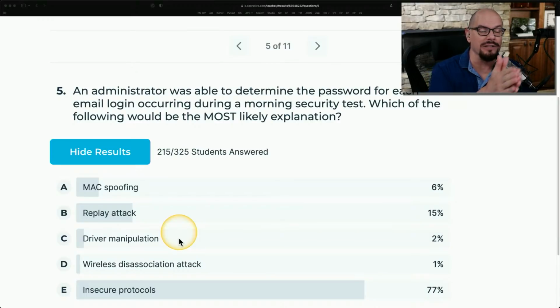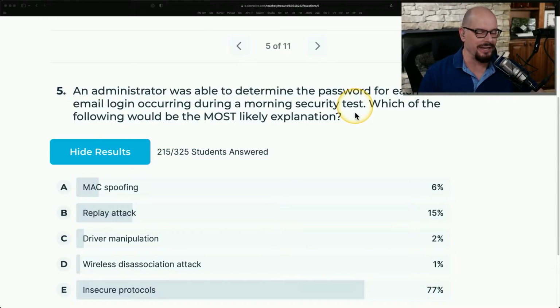Plus, it would require us to go to every single device on the network and install that driver. That's not very practical, and it doesn't really fit this particular scenario where the administrator was just able to determine the password. Didn't say anything about installing drivers in everyone's machine. I agree with the chat room. It's a little bit of a reach. Technically correct, but not correct in this case. Could happen, not likely. And we were looking for most likely.